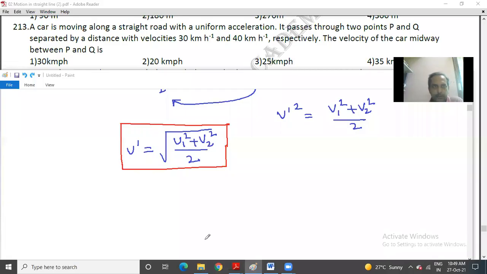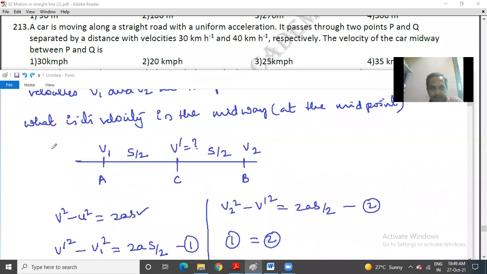Let me read the question. A car is moving along a straight road with a uniform acceleration. It passes through 2 points P and Q, separated by a distance, with the velocities 30 kmph and 40 kmph respectively. Find the velocity of the car midway between P and Q. So instead of A and B, they mentioned it as P and Q. That's all.